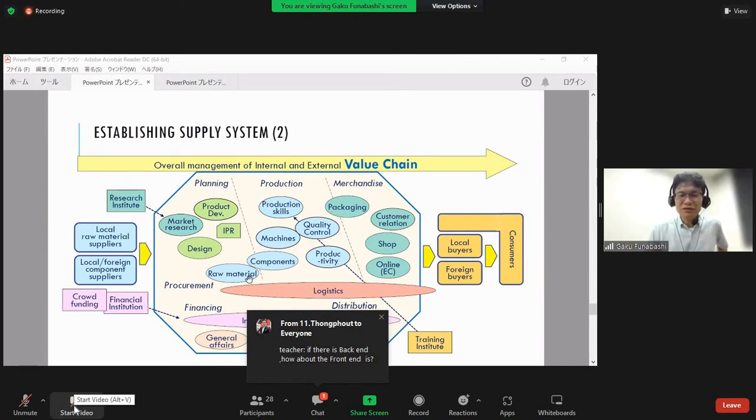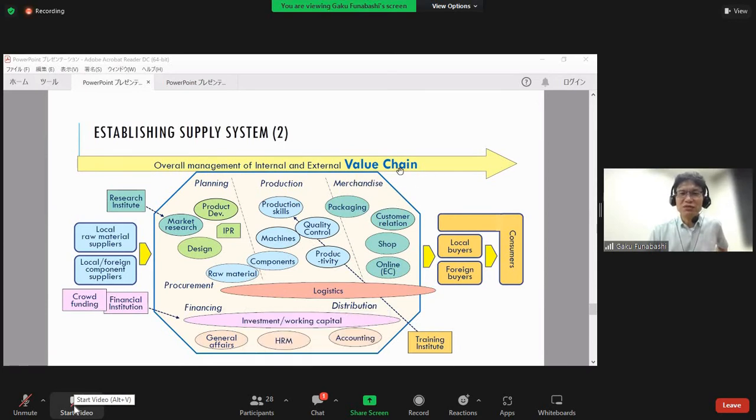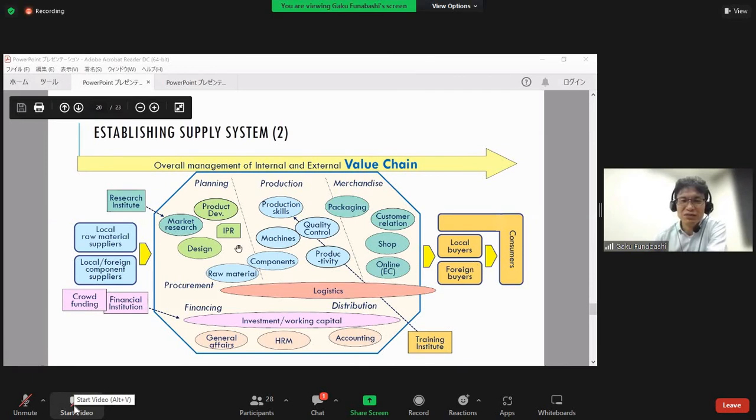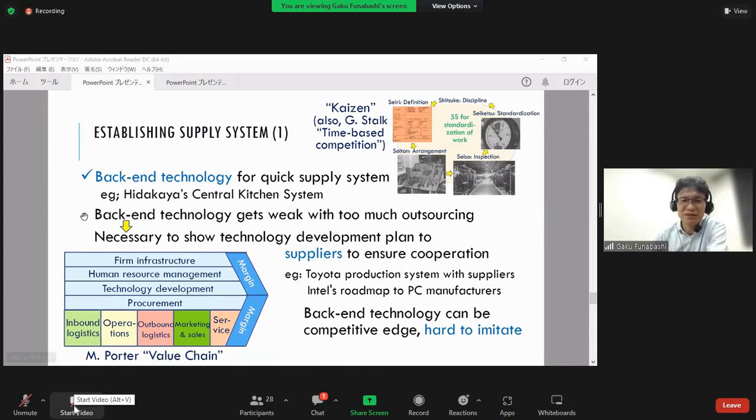When you think about the value chain of your company, business or organization, think of the processes here, and try to connect them more effectively if they are involved in your business. That is just to make it more complicated, to include more aspects than Porter's value chain.